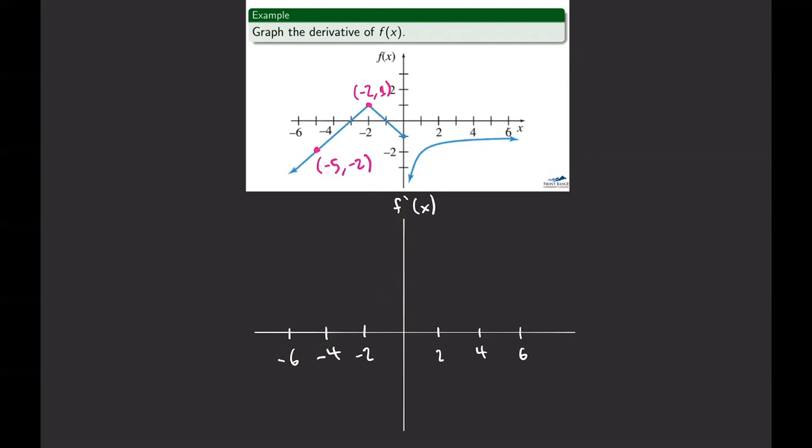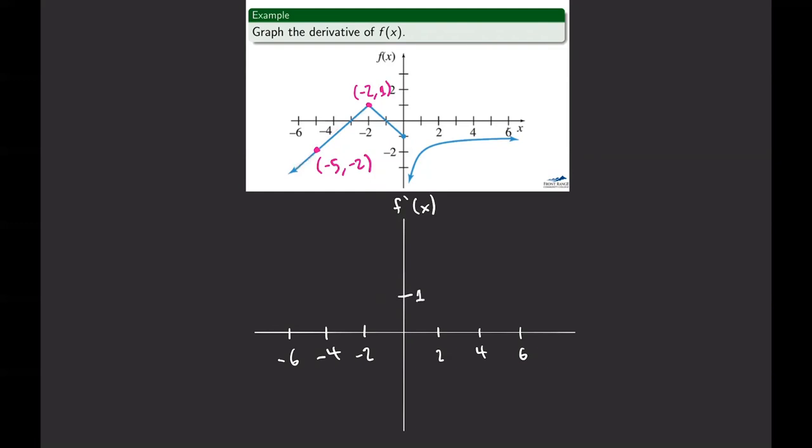Right now, I don't care about us being so specific. On an exam, I would want you to be specific with this. But this line has a slope of 1. And so like I just said, the slope is equal to 1. So the derivative has to be 1. Right? And it's always 1 when I'm in that region. So let's label a 1 there.